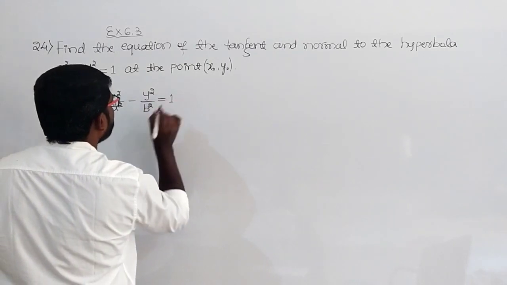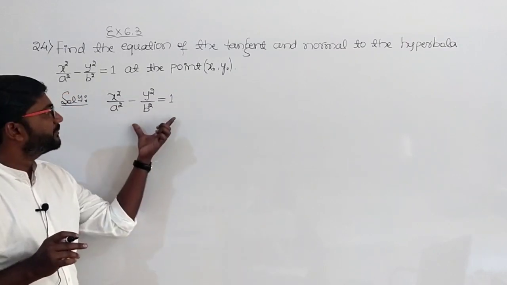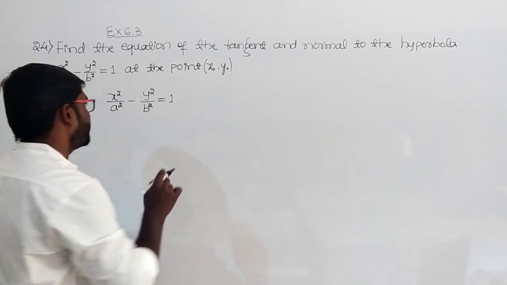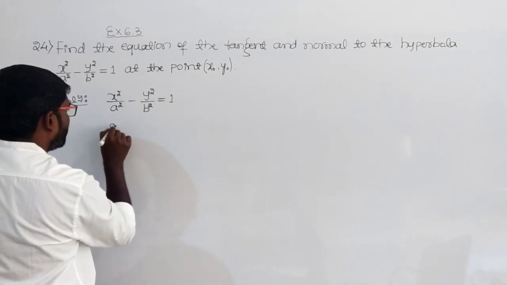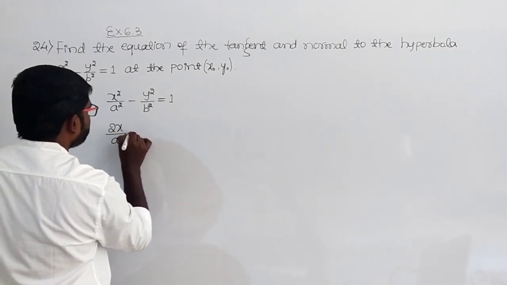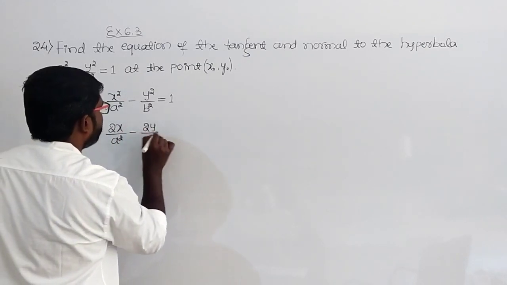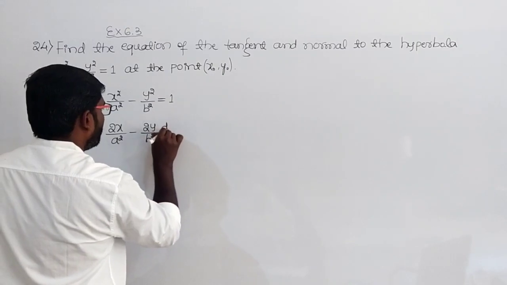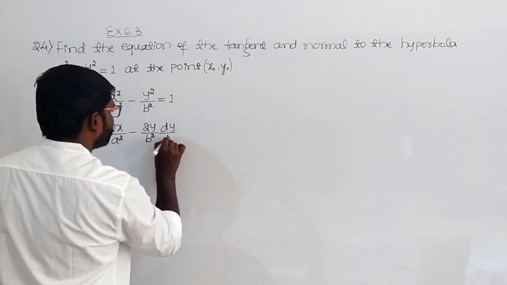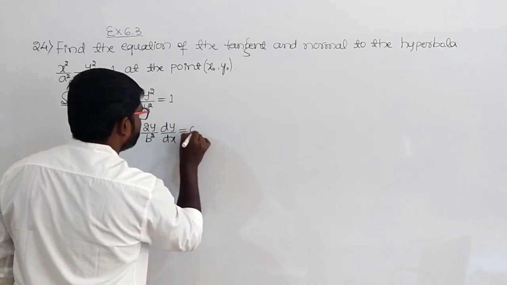So now to get the slope of the tangent, we have to differentiate both sides with respect to x. So here you get 2x by a square minus 2y by b square into dy by dx, which is equals to 0.